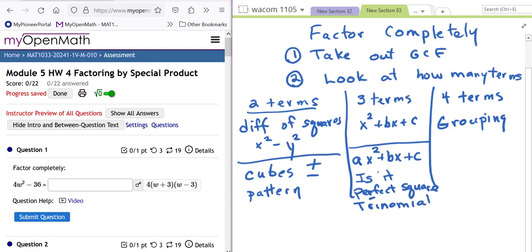It has to have a square at the front and a square at the end. And if so, you guess those and then check. Guess the square roots and then check. All right. If it doesn't have that, and that's obvious when you look at it, whether it has it or not, or at least a candidate. After that, then you go to trial and error or grouping because you have the trinomial that is not so nice, like we did last time.